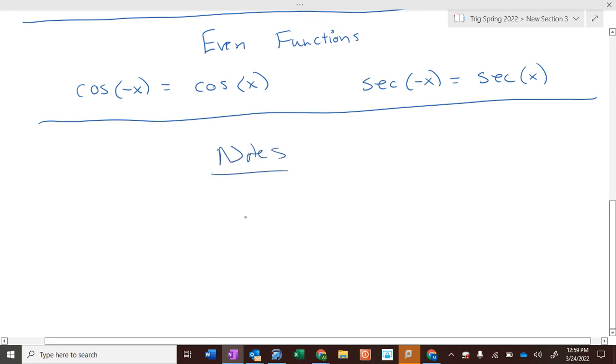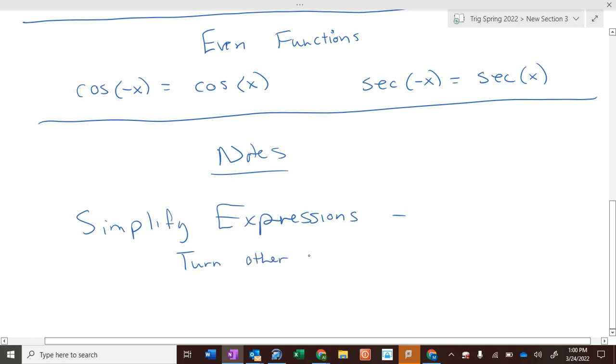So now we get to notes. All right. So, we are going to simplify expressions today. So what our goal is to do is to turn other trig functions into sine and cosine.